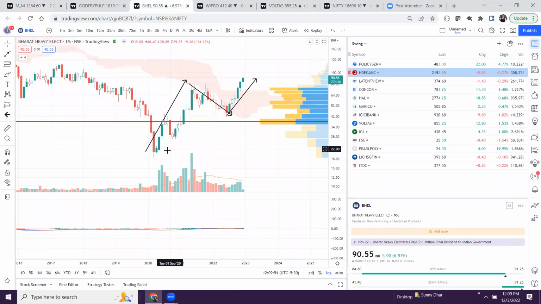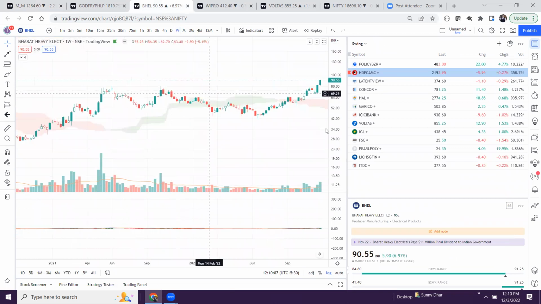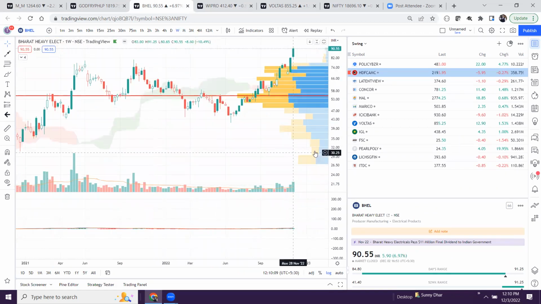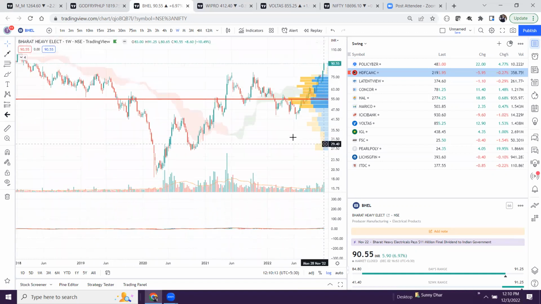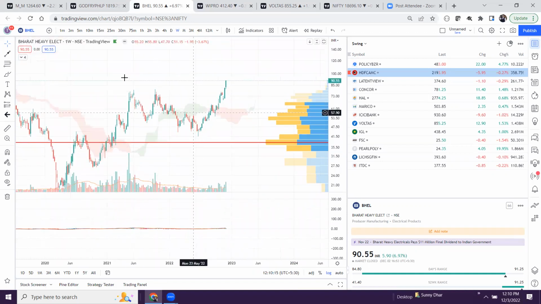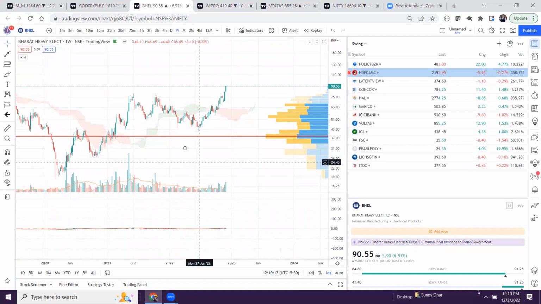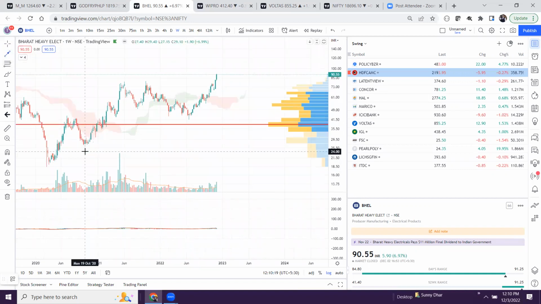Now again, see, this is also similar on BEL. This is the impulse. Let us go to the lower time frame to see when the correction ended in this. Now if you go to the weekly chart, this part is a correction, and you can see a correction is minimum three waves.